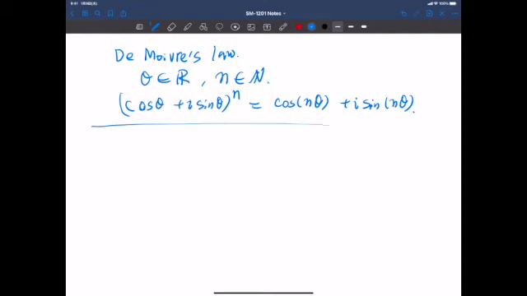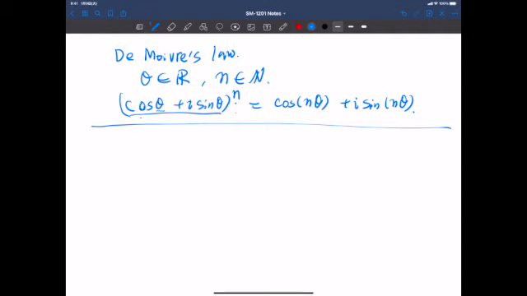Okay, intuitively, this cosine theta plus I sine theta is a complex number with unit modulus. So multiplying by itself n times means we rotate the same complex number by theta n times.